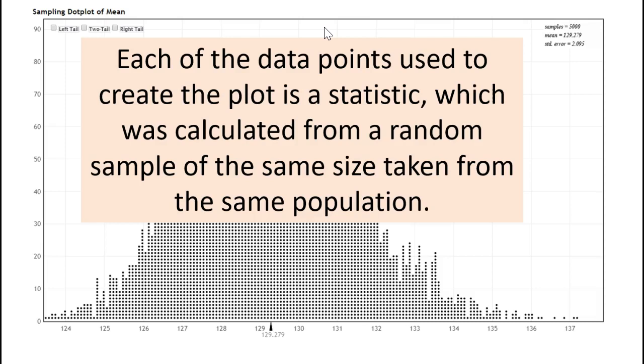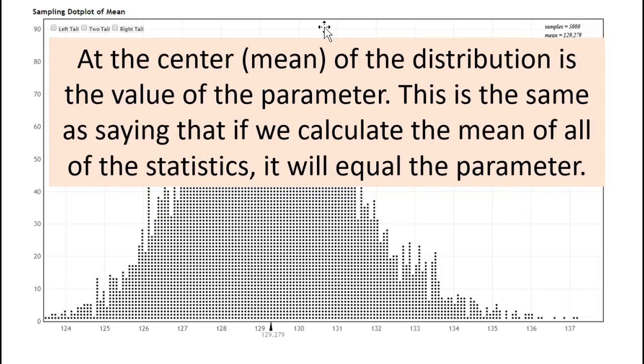So there are 4 properties we must know about the sampling distribution. We already saw 2 of them. The first is that each of the data points used to create the plot is a statistic, which was calculated from a random sample of the same size taken from the same population. At the center, or mean of the distribution, is the value of the parameter.